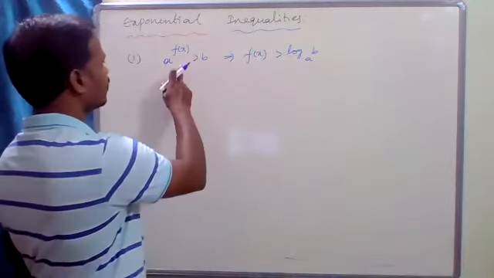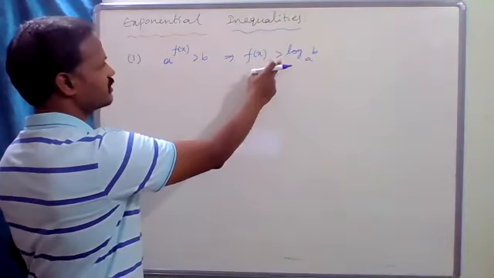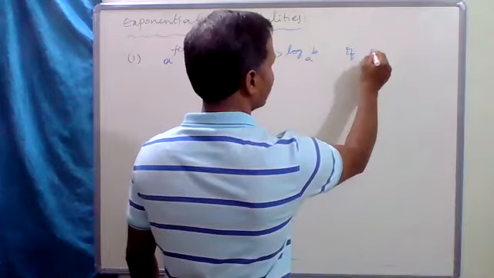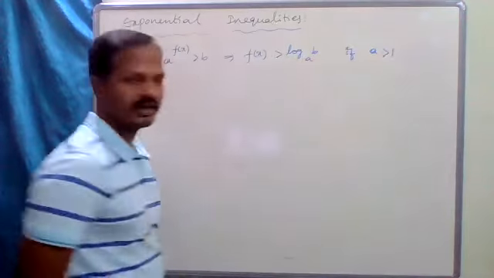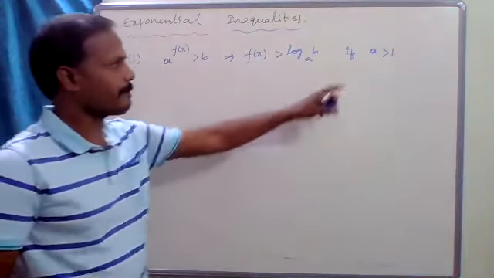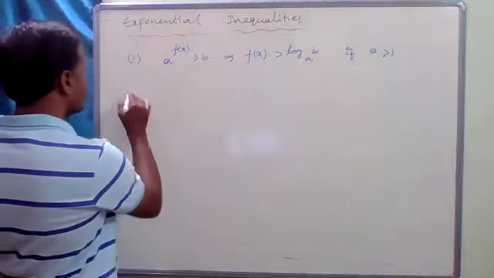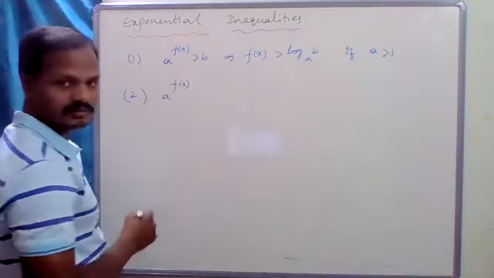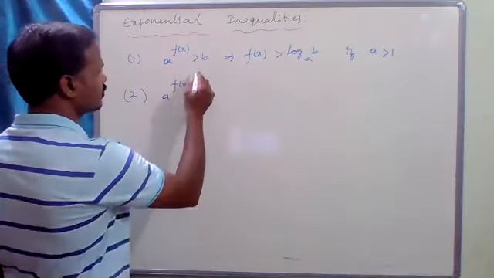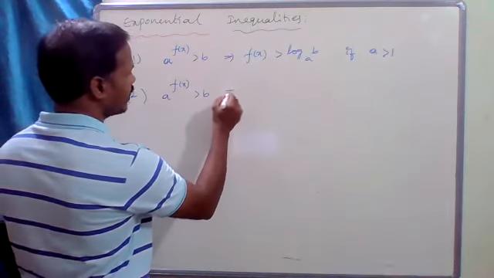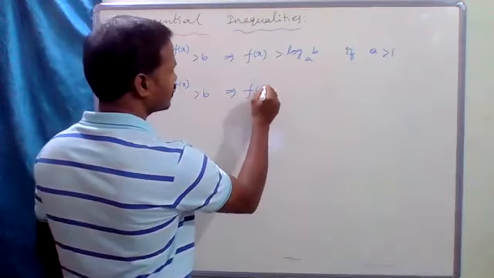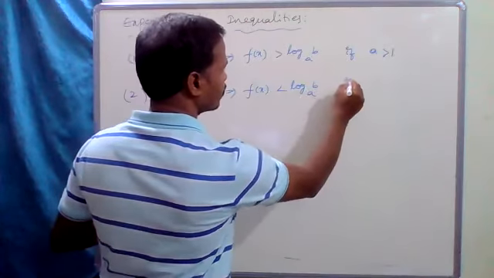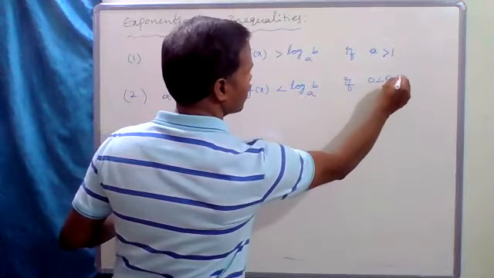Apply log on both sides. Then f of x is greater than log b base a if a is greater than 1. Now, a power f of x greater than b implies f of x is less than log b base a if 0 is less than a less than 1.